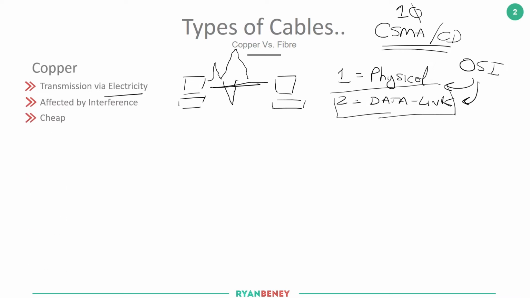It's cheap, so copper itself, you can pick up your copper cabling, primarily known as Ethernet, which is the twisted pair type of cabling. Very cheap at a local store, and it's easy to create.